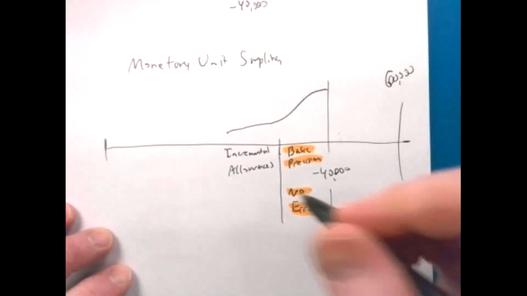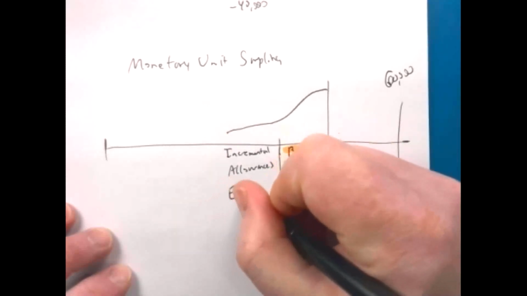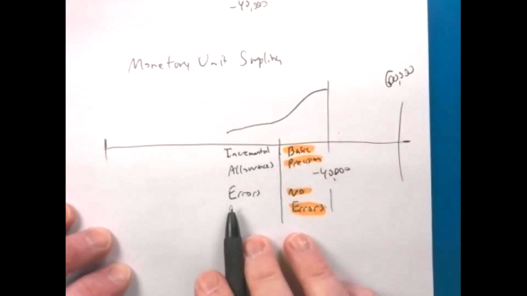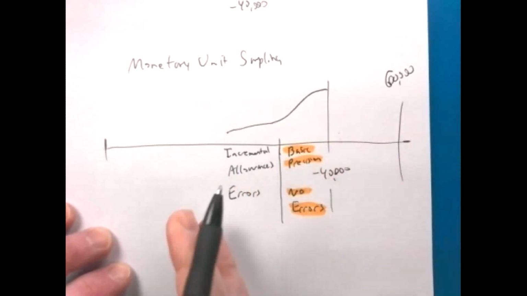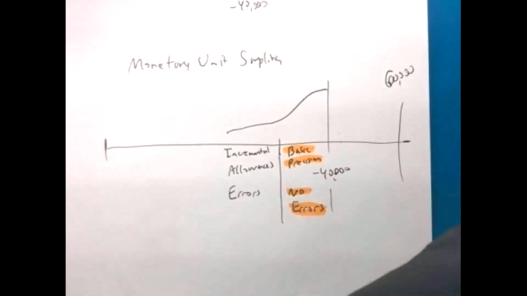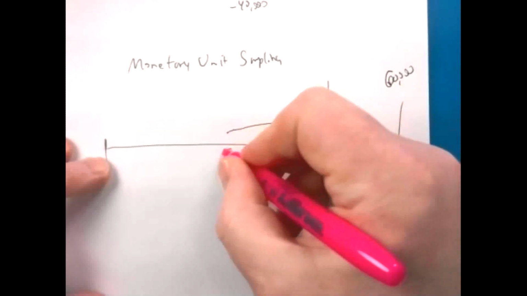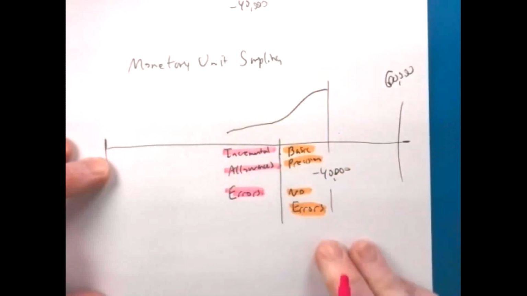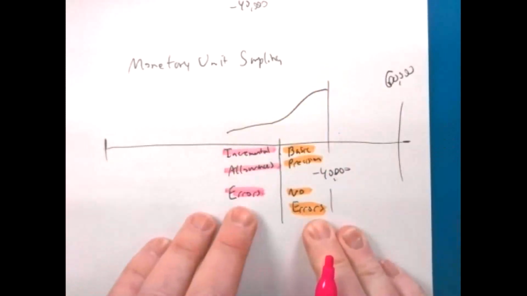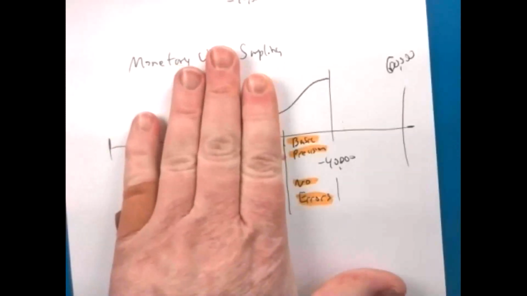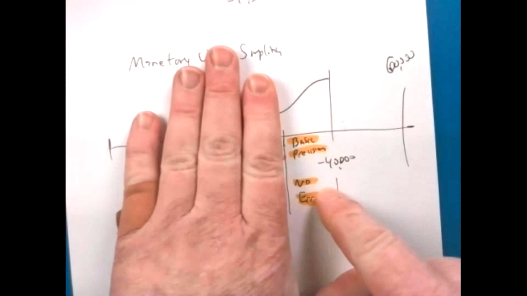Incremental allowance is if we do have errors, they will increase that amount that it could be off by. So the incremental allowance is for when we do have errors. You might do a sample that doesn't have any errors, and you wouldn't have any incremental allowance.